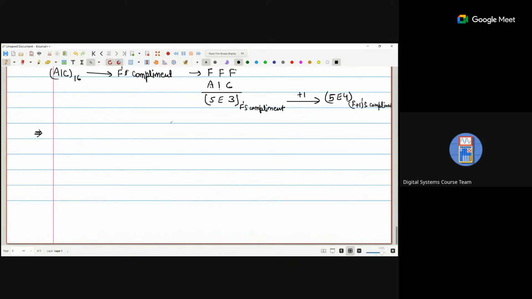Now, sometimes in competitive exams they ask: if a number is 100 base 10, I have to find the base.